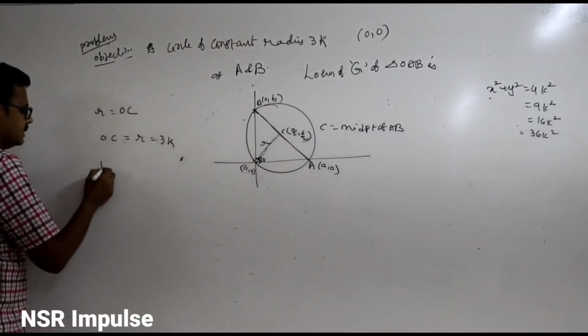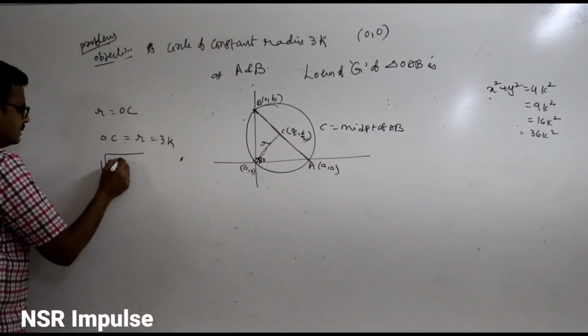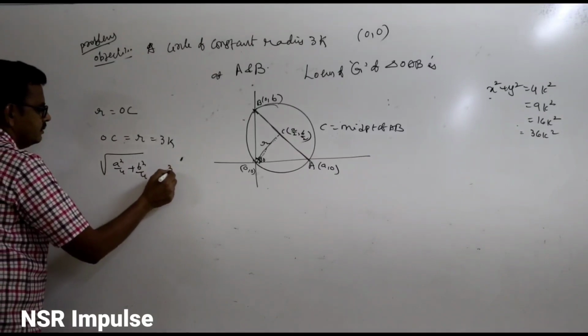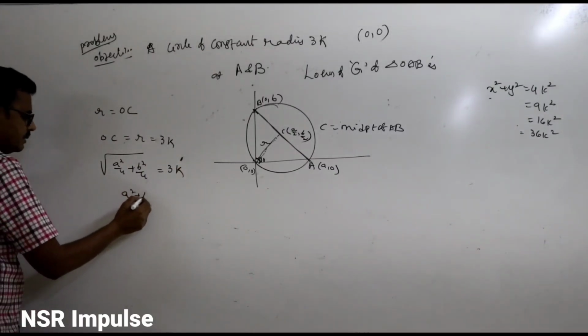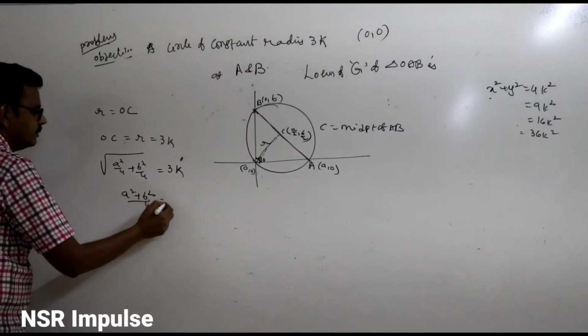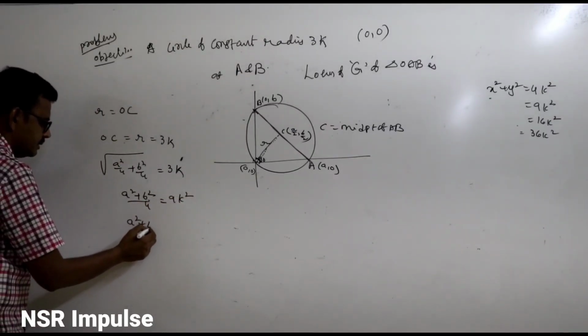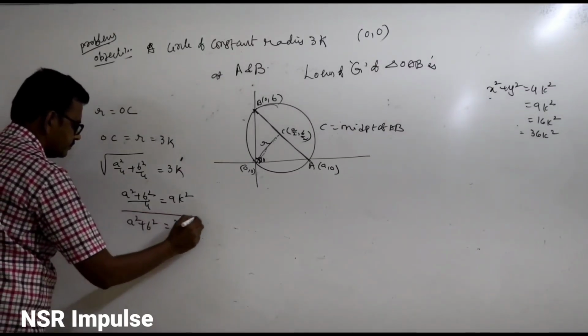OC means distance between the points x1, y1 and x2, y2. That is A square by 4 plus B square by 4 is equal to 3K. Squaring, A square plus B square by 4 is equal to 9K square. So A square plus B square is equal to 36K square.